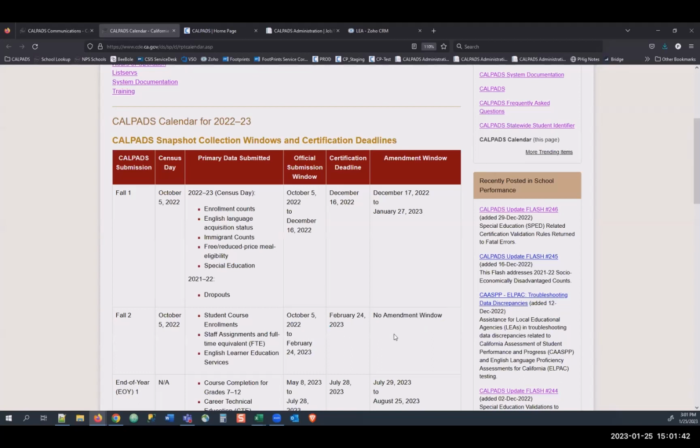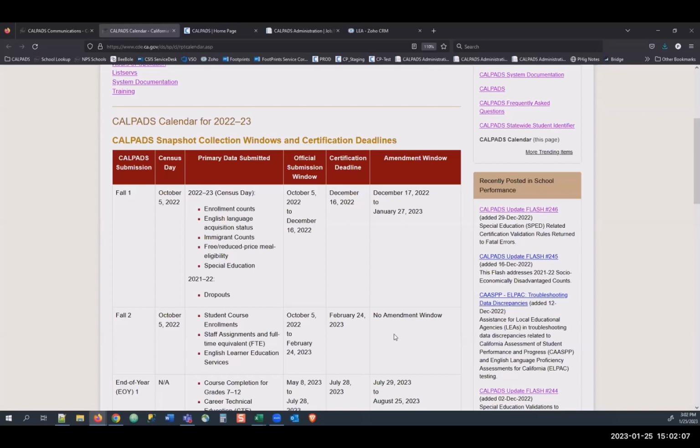One of the things that I'm seeing a lot with Fall 2 is you can upload your course and student course sections at the same time now. But what I'm finding sometimes when I'm seeing folks with Cert 77 errors is there's some discrepancies, but CALPADS is letting those in right now, and then you'll catch them with these errors afterwards.